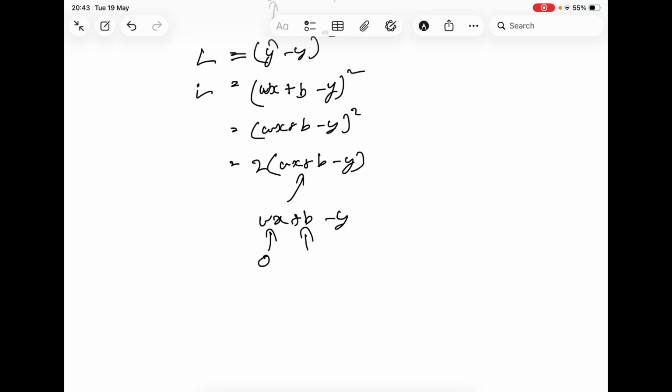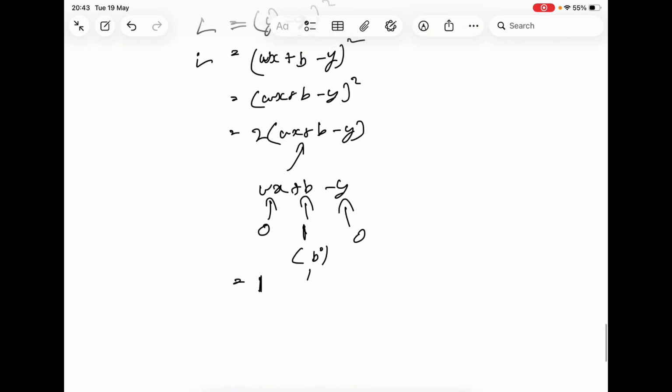The derivative of b is 1, because if we find the derivative here, it's b to the power 0, which is 1, and minus y also, same, there's no use, it's 0.